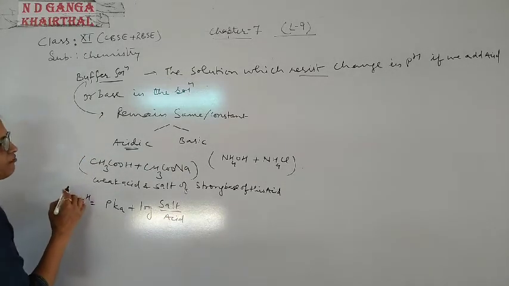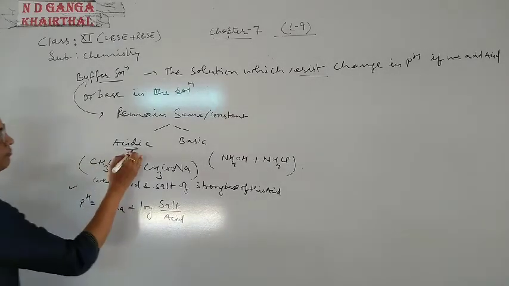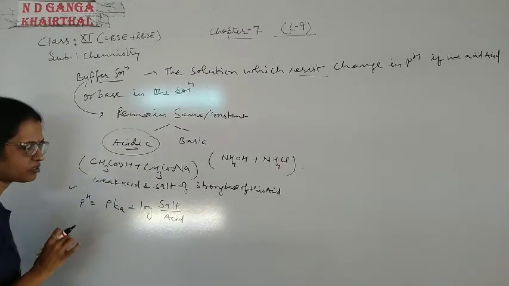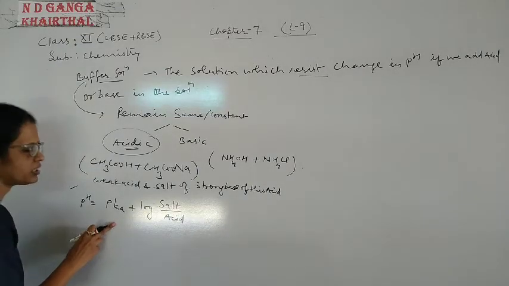Okay, it is the formula for an acidic buffer. If we have an acidic buffer solution and we have to calculate pH, in that case we will use this formula.